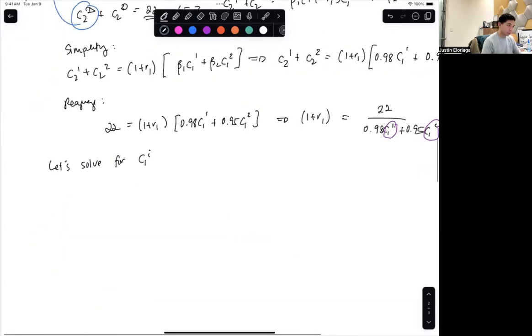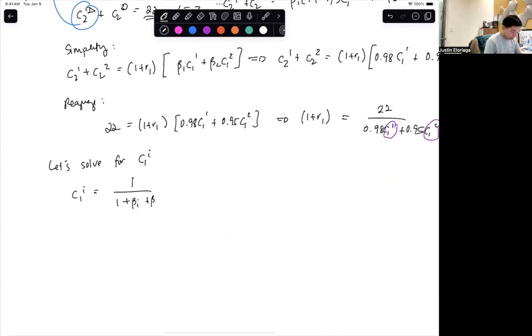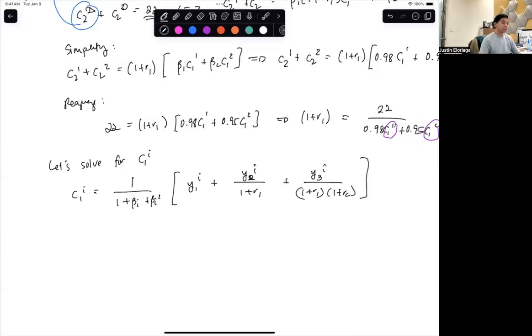So to do that, basically, if you solve it, you're gonna get C1i is equal to 1 over 1 plus beta i plus beta i squared, times y1i plus y2i over 1 plus r1 plus y3i over 1 plus R1 times 1 plus R2.